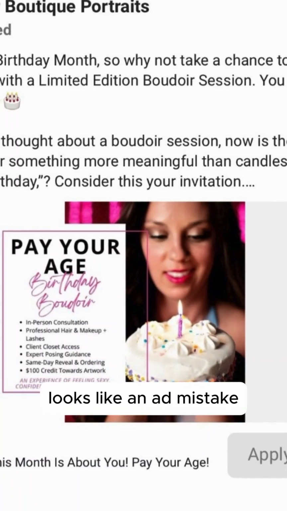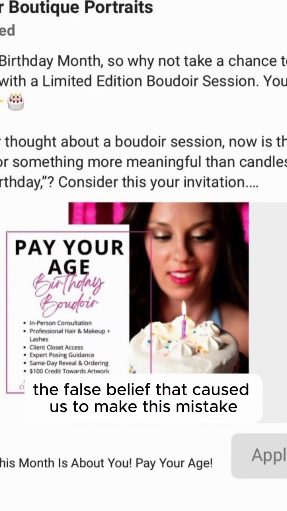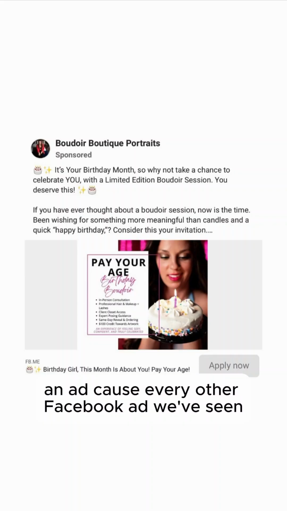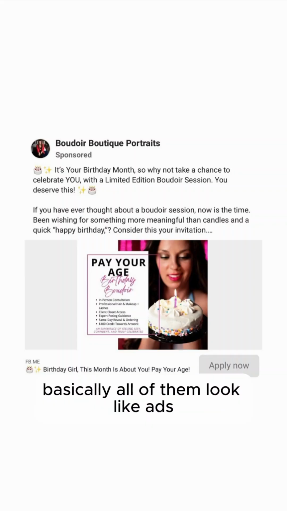Next, look at the creative. We've got the looks like an ad mistake. The false belief that caused us to make this mistake is that we're making it look like an ad, because every other Facebook ad we've seen, basically all of them look like ads.